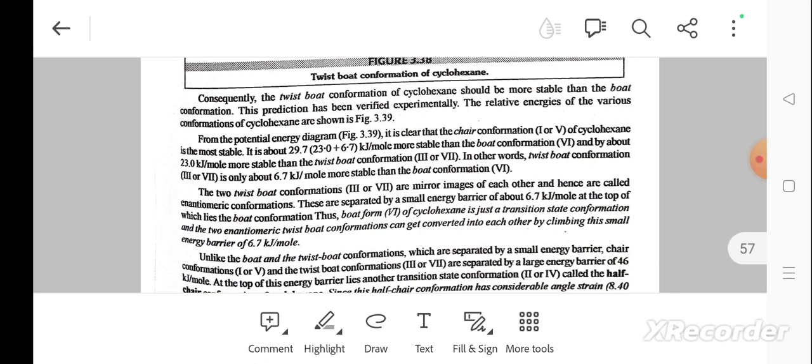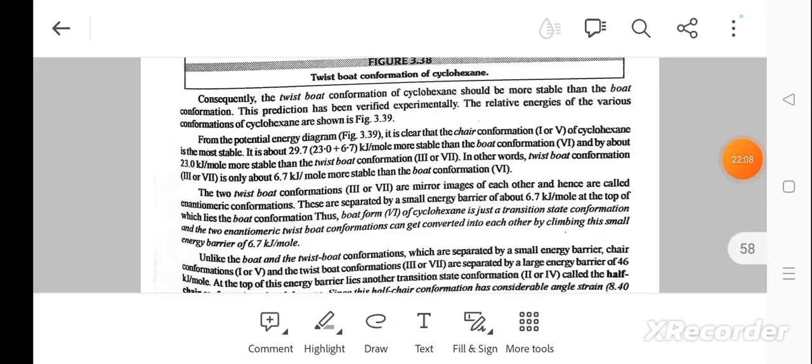The relative energies of the various configurations of cyclohexane are shown in figure 3.39. From the potential energy diagram, it is clear that the chair configuration of cyclohexane is the most stable. It is about 29.7 kilojoules per mole more stable than the boat configuration and about 23 kilojoules per mole more stable than the twist boat configuration.